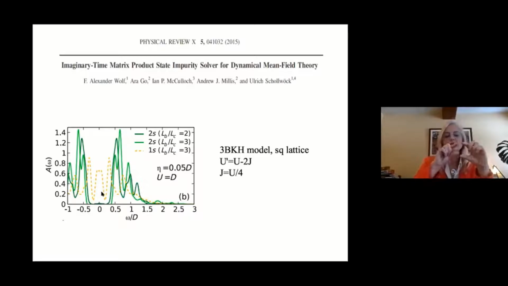But if they take two sites, so it's three orbitals and three orbitals as effective impurity, then they get an insulator, and they get some structure in the lower and upper Hubbard bands, by keeping very few states in the bath. That is because when one converges on the imaginary axis, there is much less entanglement or even no entanglement, and it's much easier to do the calculations with MPS.